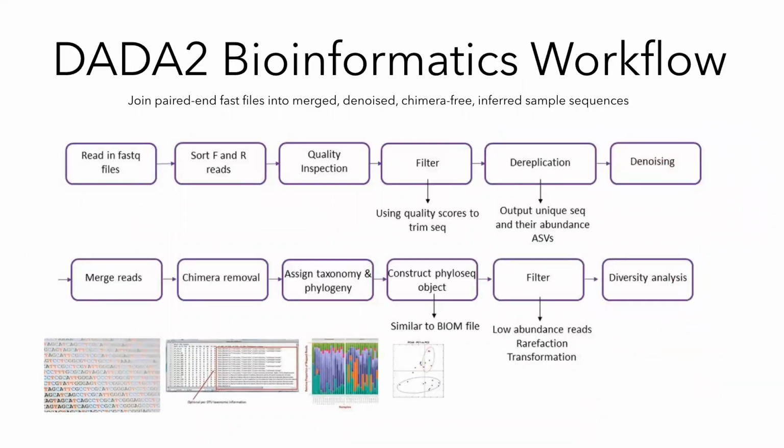What this pipeline does is it helps us reduce the information in raw sequencing reads by sorting all of the data, removing all of the low quality information in the raw data, filtering it using the paired end information from the forward and reverse strand, and then organizing the data in operational taxonomic units that are assigned with taxonomy and phylogeny. Then we create a phyloseq object. The biome file is a file that you can use to visualize your data, and then you can move on to diversity analysis.